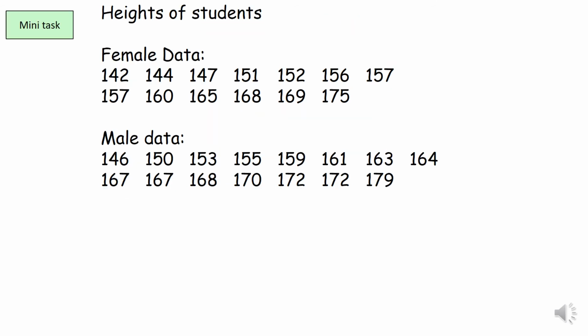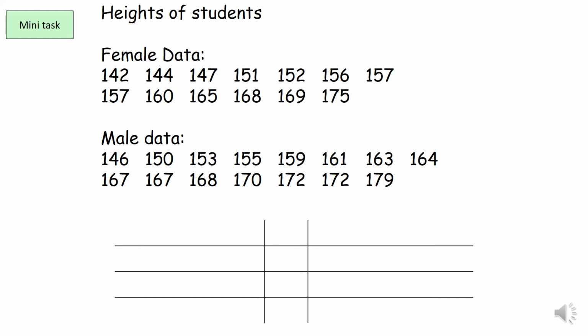Okay. Now, here is a question for you to try. I'm just going to put the table there for you. Remember, you can have only one digit for your leaf. Okay, so just focus on what you need to put for your stem. Look at your smallest data and your biggest data.